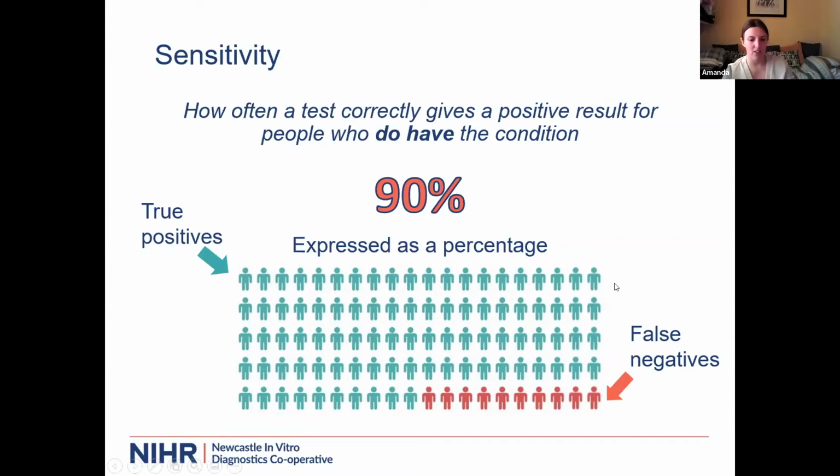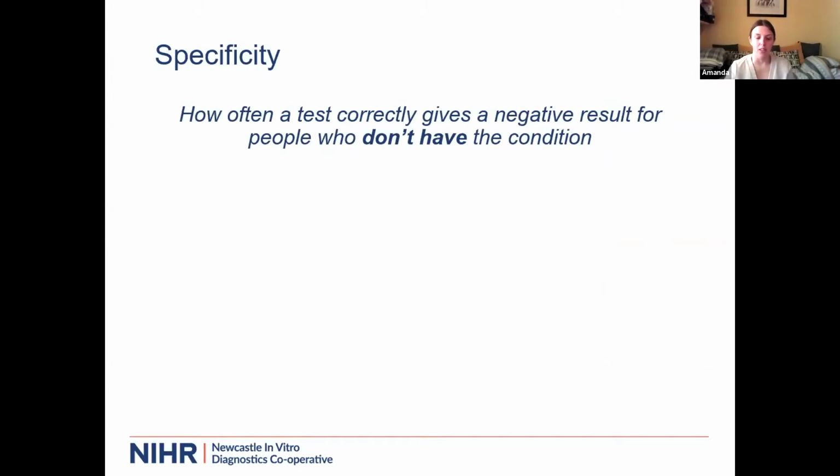Now the converse of that, and I have just made these percentages up, they don't mean anything, they're just a way to explain what we mean without using decimal points and so on. The reverse of that, the other column, is specificity, and that's how often a test correctly gives a negative result for those who do not have the condition.